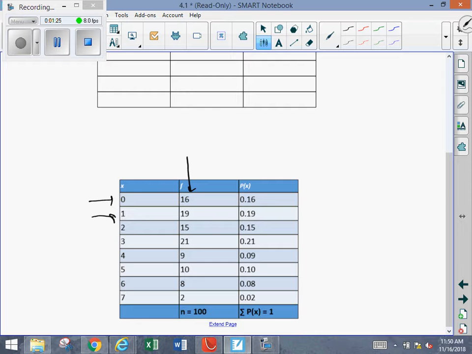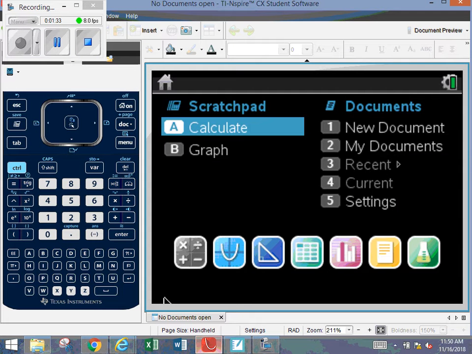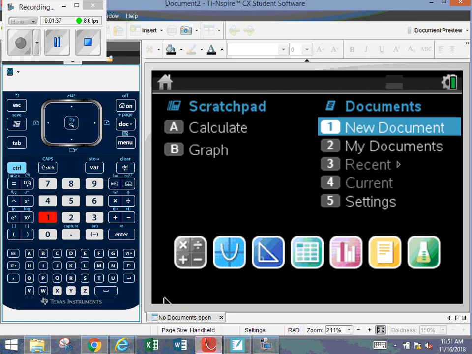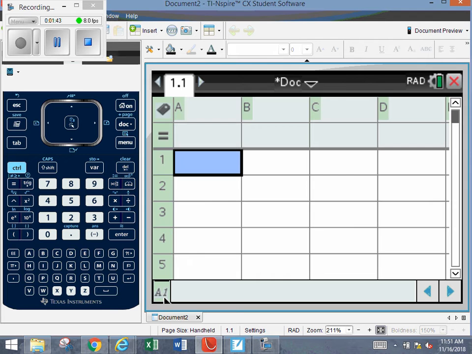All right. So let's put it in our calculator. So I am going to go ahead and make a new document. I'm going to insert list and spreadsheet number 4.